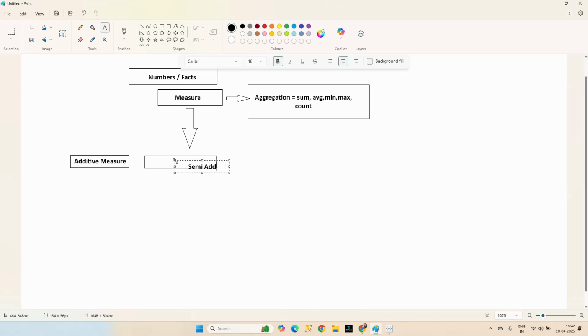Yes. We have three types of measures. One is additive, second one is semi-additive, third one is non-additive.